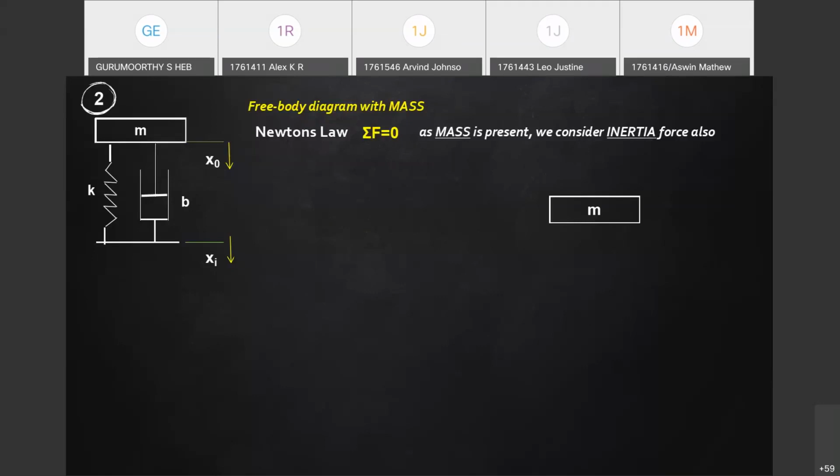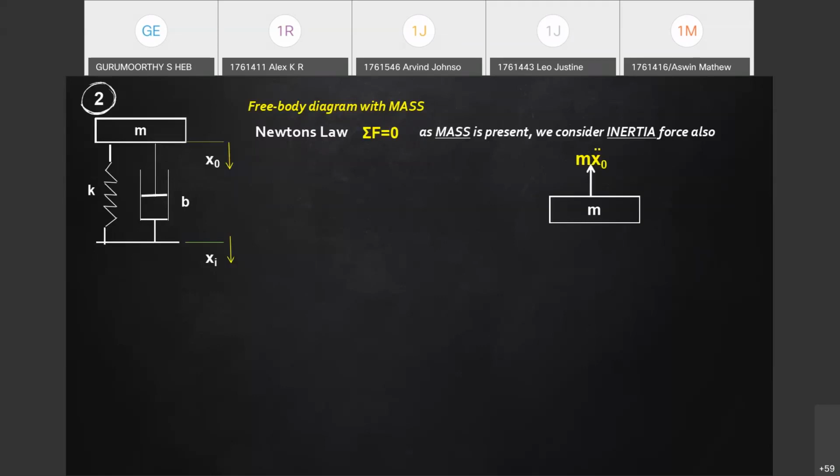So obviously the inertia force is m x naught double dot, and it should act in the direction opposite to displacement, whereas the damping force is obtained by multiplying the damping coefficient by velocity.